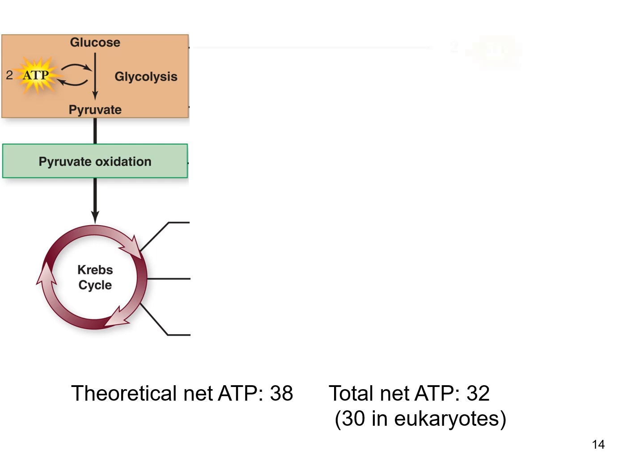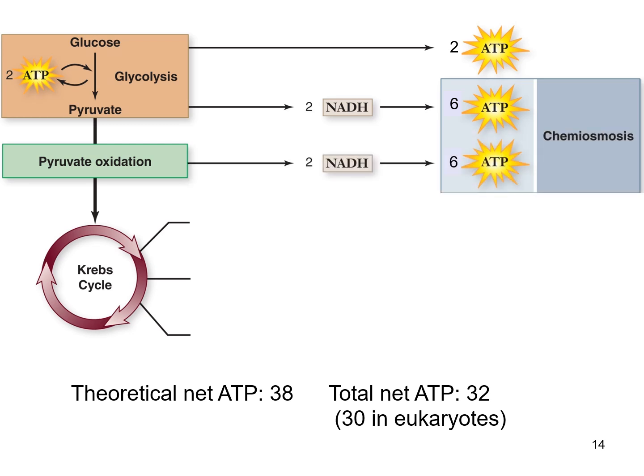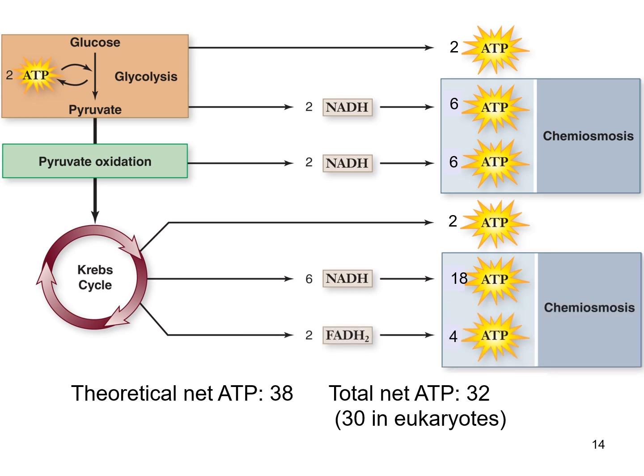A gain of 2 ATP occurs during glycolysis. 6 more ATP are generated from the 2 NADH produced during glycolysis. 6 more ATP are generated from the 2 NADH generated during the pyruvate oxidation. 2 ATP are generated during the Krebs cycle, while 18 are generated from the 6 NADH produced during the Krebs cycle. Another 4 ATP are generated from the 2 FADH2 that are produced during the Krebs cycle.